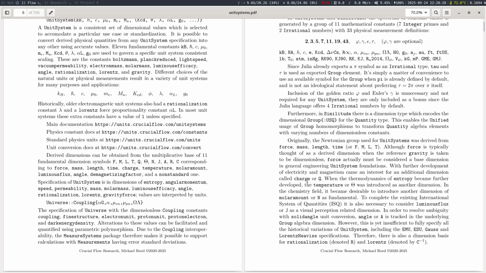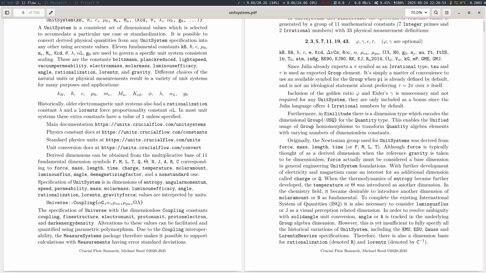With further development of electricity and magnetism came an interest for an additional dimension called charge, or Q. When the thermodynamics of entropy became further developed, the temperature, or theta, was introduced as another dimension. In the chemistry field, it became desirable to introduce another dimension of molar amount, or N, as fundamental.